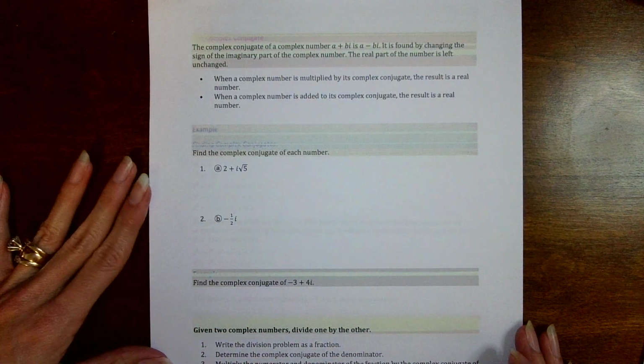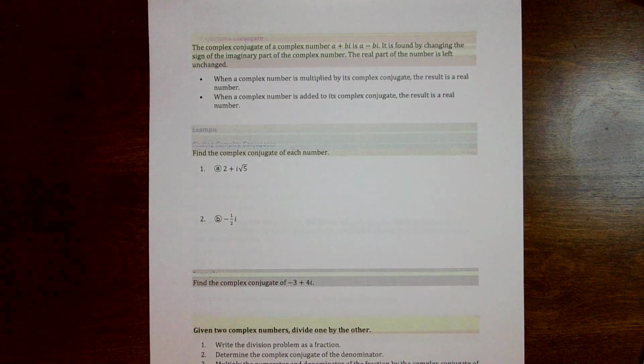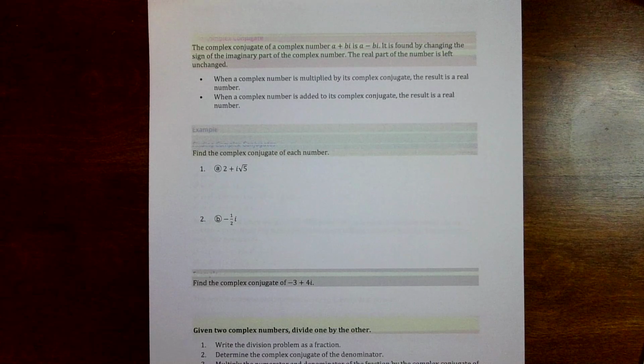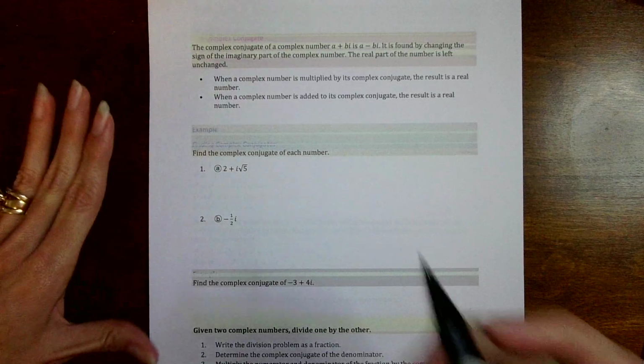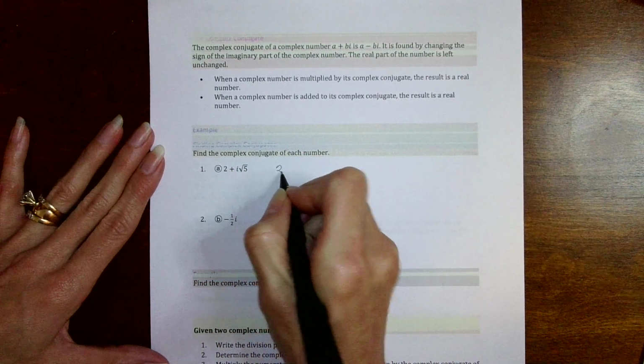Okay, so when a complex number is multiplied by its complex conjugate, remember the conjugate is the same numbers with the different middle sign, the result is a real number. When a complex number is added to its complex conjugate, the result is a real number. So let's find the complex conjugate of each number. So same numbers.